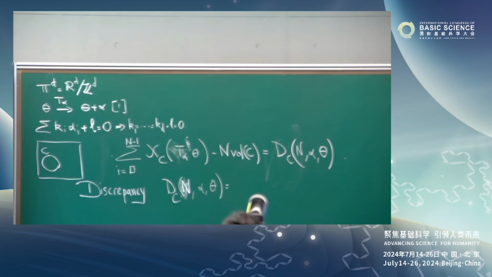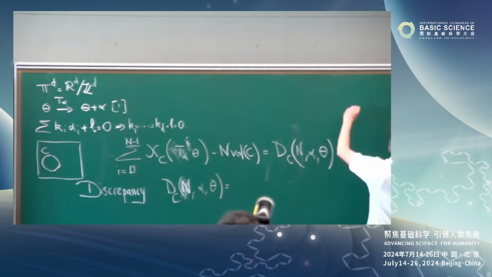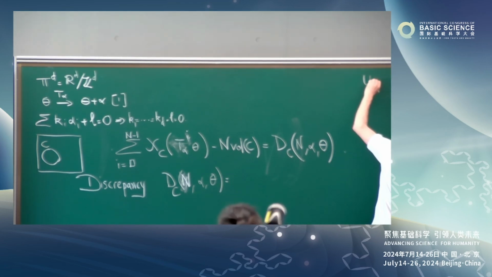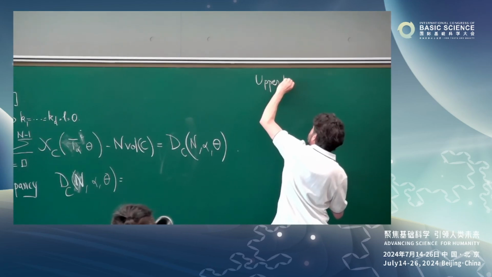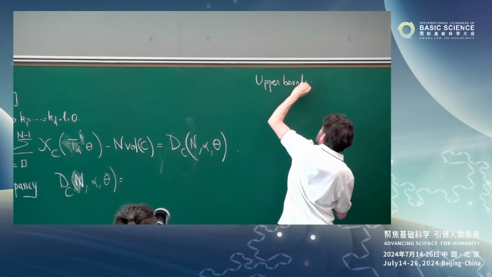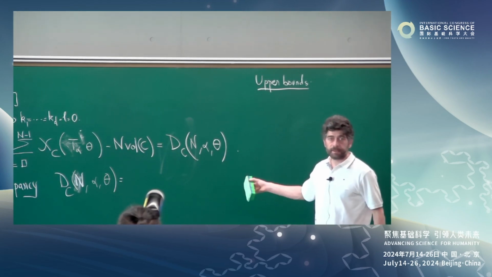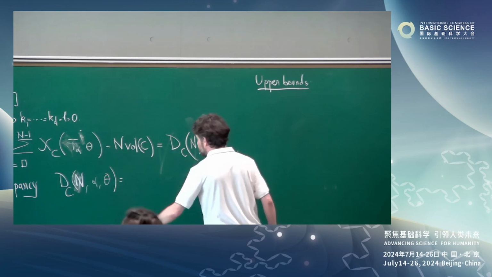So you can have several ways of looking at this discrepancy. The first thing is upper bounds. This is like the worst case scenario. How bad can the error term be?